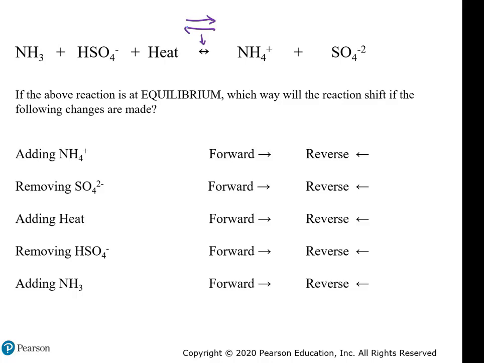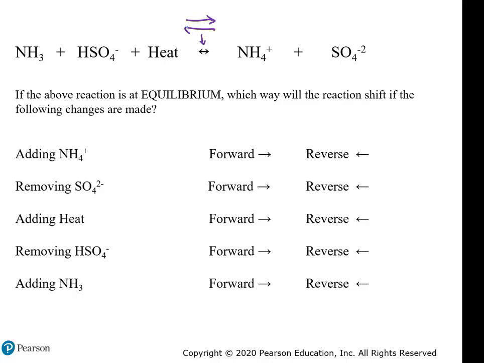I say, if the above reaction is at equilibrium, then I know the forward and reverse reactions are balanced. Which way will the reaction shift if I add NH4 plus? Will it go forward to the right or reverse to the left? So you tell me, if I add NH4 plus, that would be adding what?